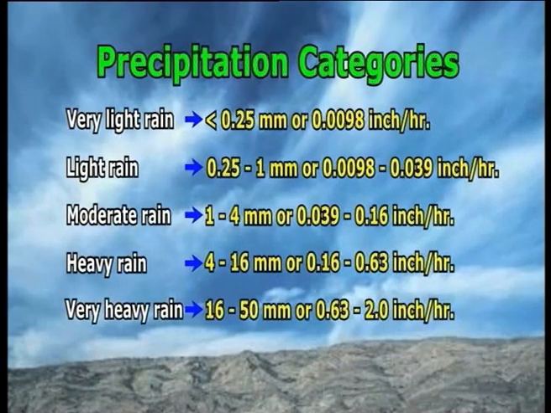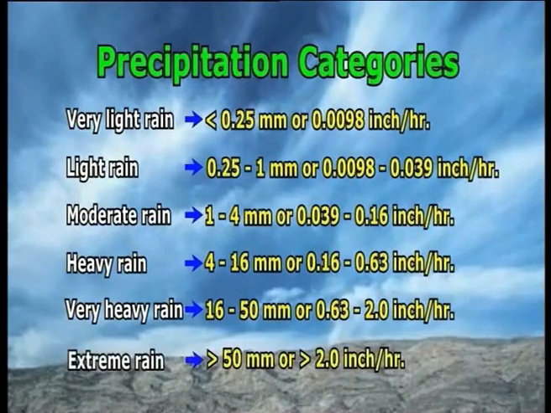Very heavy rain terminology can be used when the precipitation rate is between 16 millimeters or 0.63 inch and 50 millimeters or 2 inch per hour. Extreme rain can describe rainfall with precipitation rates exceeding 50 millimeters or 2 inch per hour.